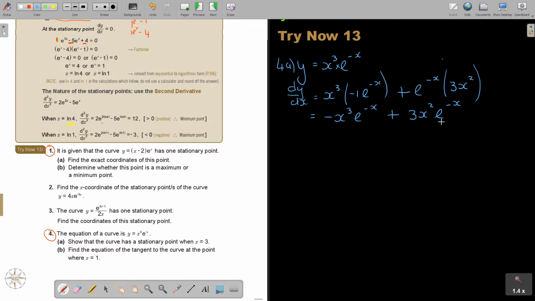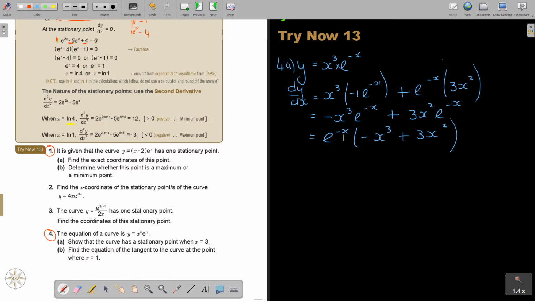Now, usually I'm just trying to get this e out, because it's going to help me in calculations. So this is going to be e^(-x) times negative x³ plus 3x².